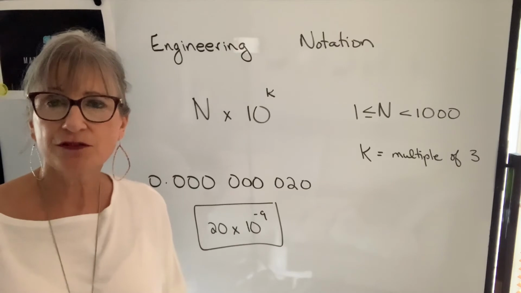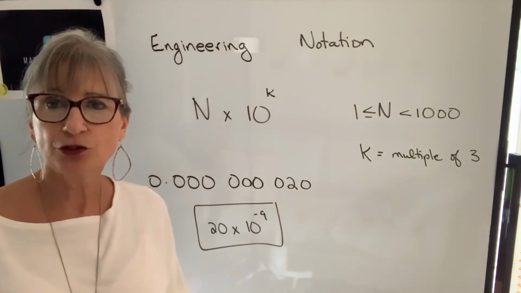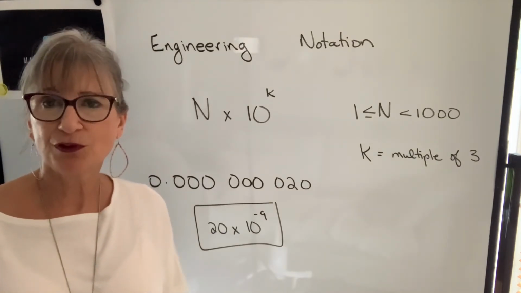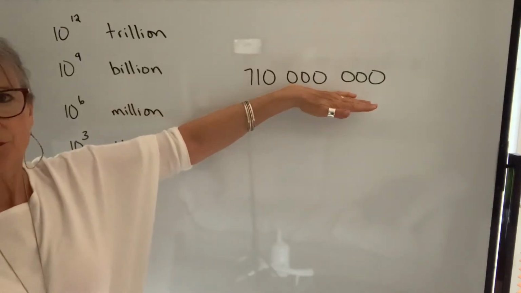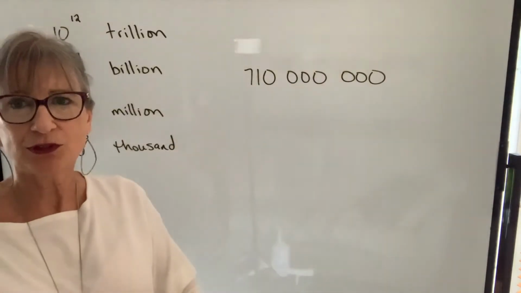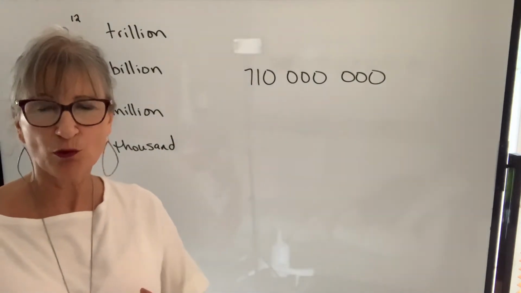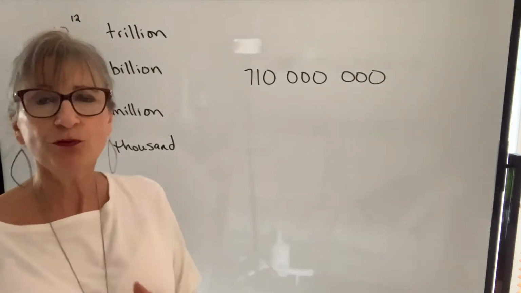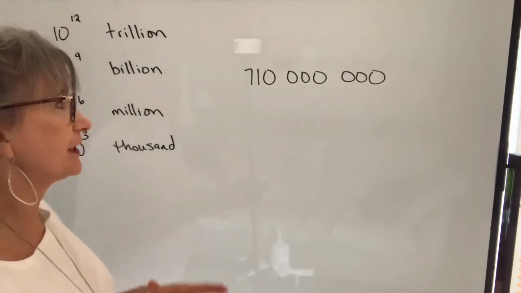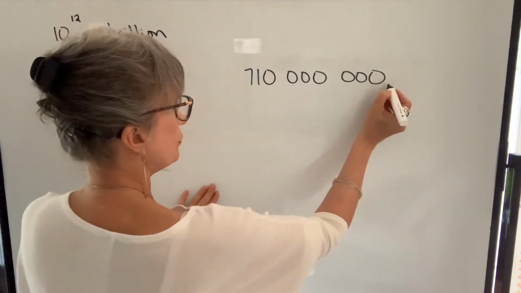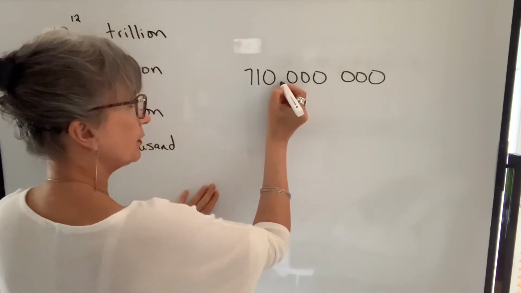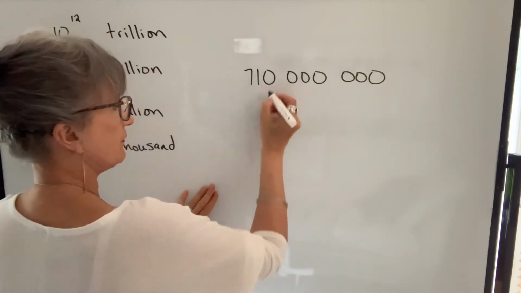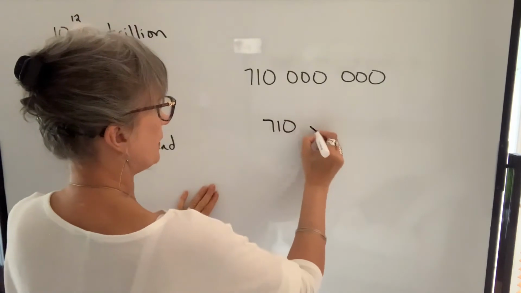Engineering notation is very useful for expressing large or small numbers and also to use with the metric prefixes. So let's take a look. Let's say we have this number. Sometimes it's hard for people to understand the size of that number when they see a lot of zeros. So if we were to write it in engineering notation, this would be equivalent to, we move our decimal point 3 digits at a time until we get a number between 1 and 1,000. 710 is between 1 and 1,000.